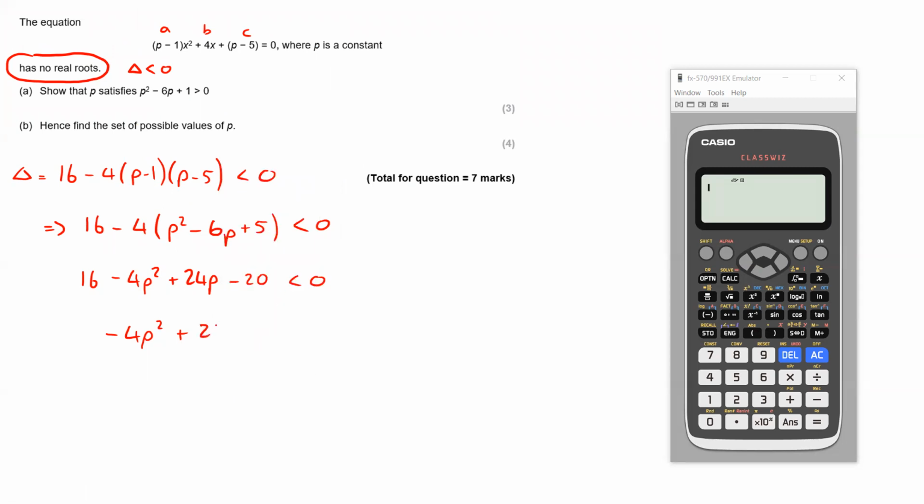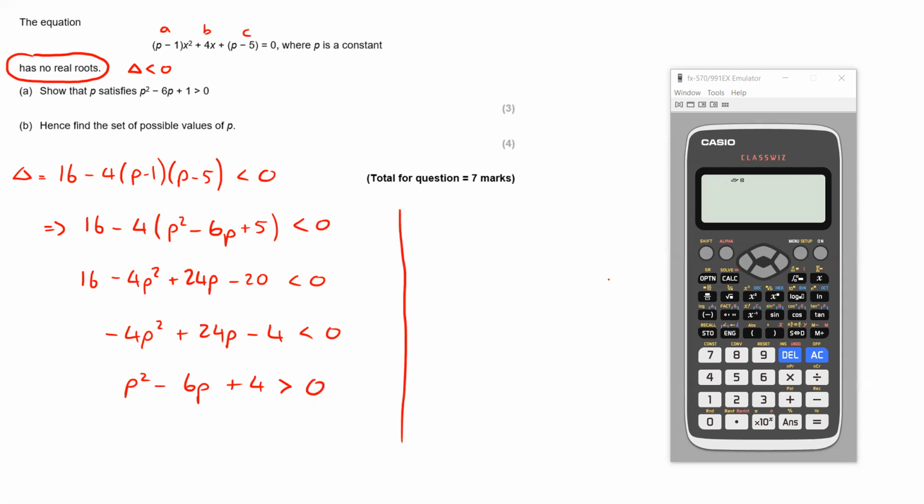Plus 24P. And then this bit here, as I say, was minus 4. So you want to flick it all across now to the other side because this is negative P squared and divide by 4. So dividing by negative 4, I get P squared minus 6P plus 4. And because I divided by a negative, this inequality is going to flip. So it becomes greater than 0.